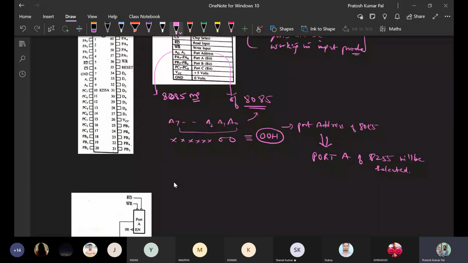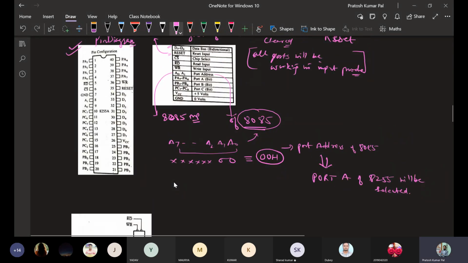Whatever port address is given by 8085 will decide what particular port of 8255 we need to select. So that is basically the port address, here of 8085.